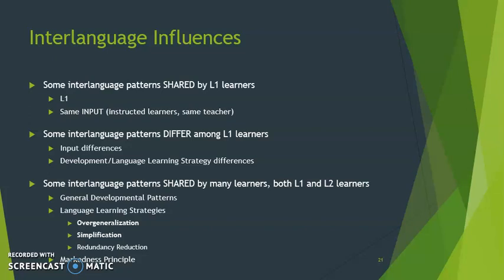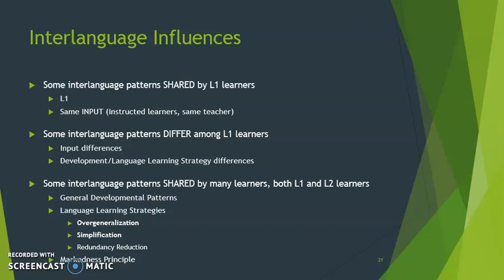And some interlanguage patterns differ among L1 learners, maybe because of different input, or because they're at different developmental stages, or they're using different language learning strategies. And some interlanguage patterns are shared by many learners, both while learning their L1 and while learning an L2.